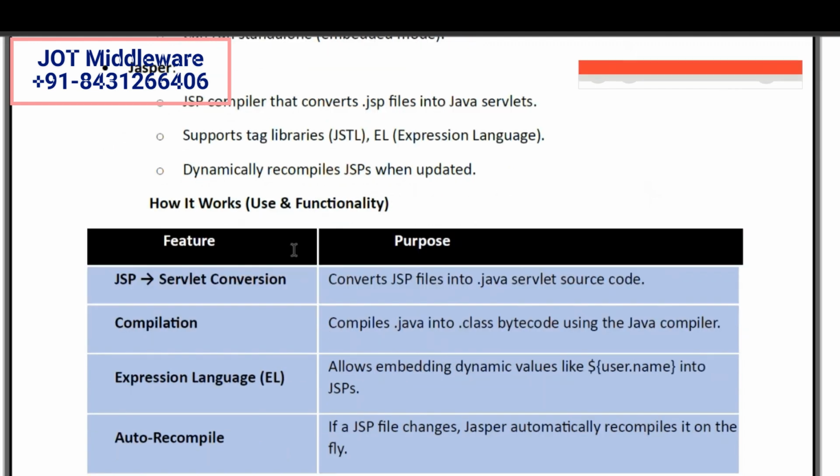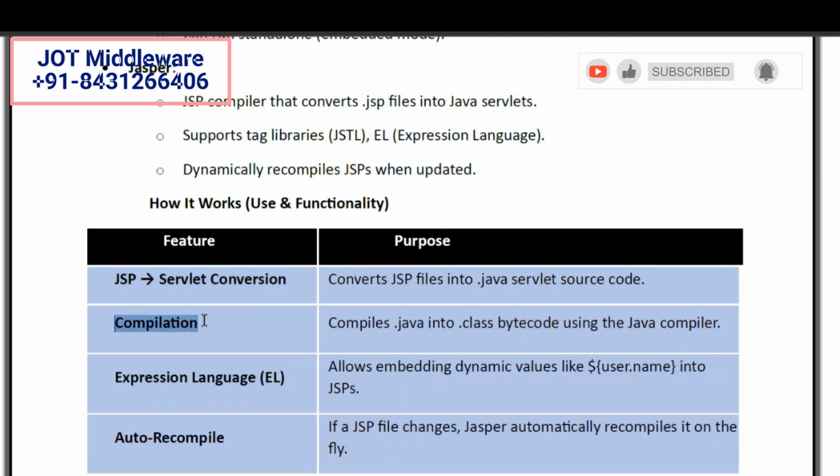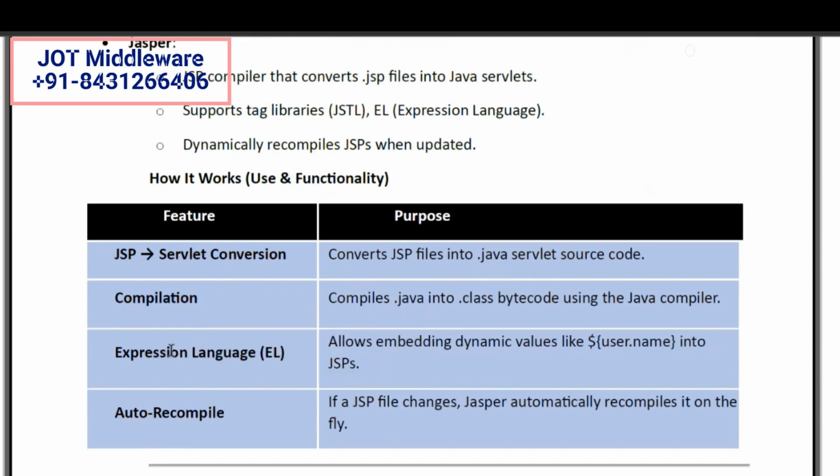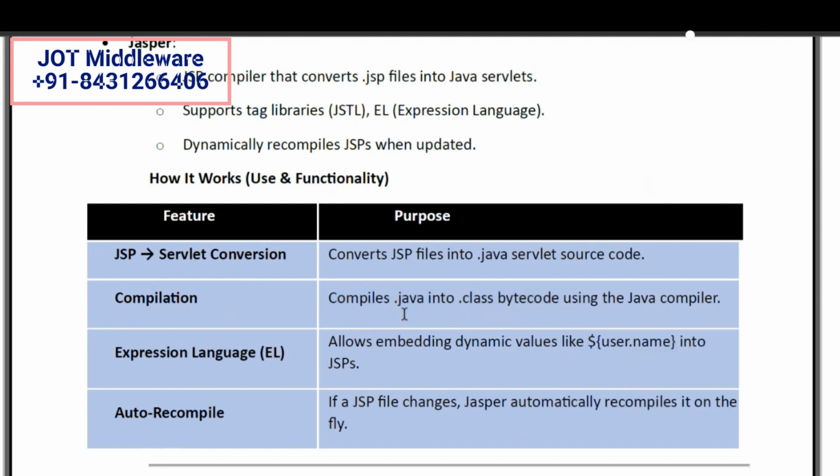So how it works: JSP compiles to a servlet, and in the compilation, the .java class is compiled into .class, which is bytecode, and this bytecode can be used on any platform. It is compiled using the Java compiler under the JDK.